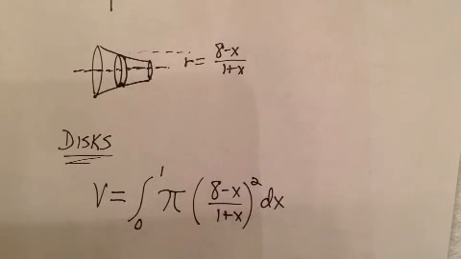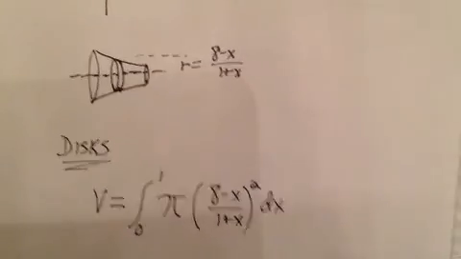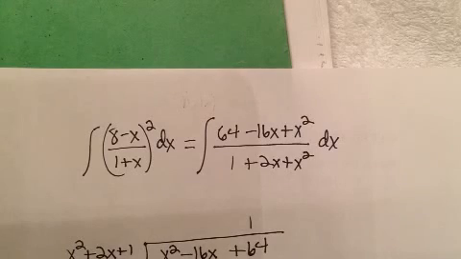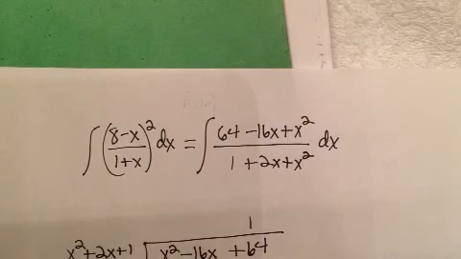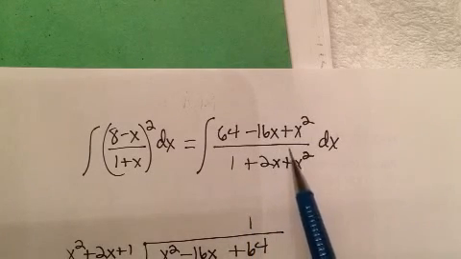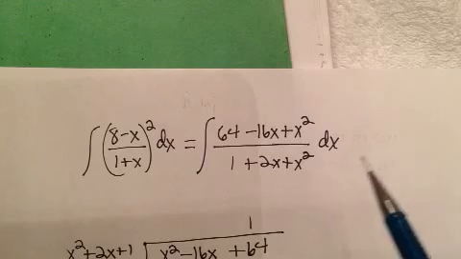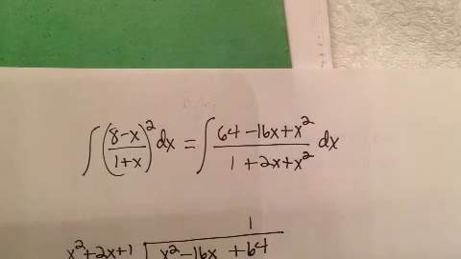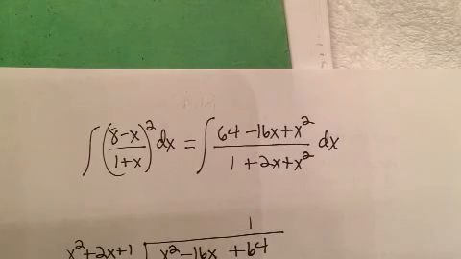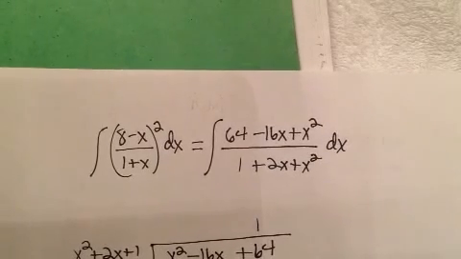I'll get back to this part, but in terms of the integration, if we square both the numerator and denominator, we get (64 minus 16x plus x squared) over (1 plus 2x plus x squared) dx. Here we have the same degree in both numerator and denominator, and we can set up the integration.